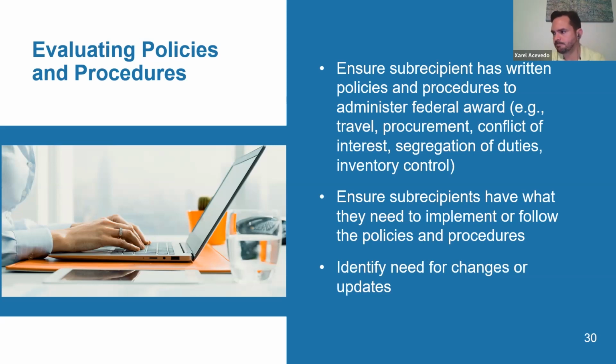Yes. This is a tricky subject because sometimes subrecipients don't have the amount of personnel to follow policies and procedures. For example, separation of duties and things like that. You have to make sure that they are able to comply with those policies and procedures.